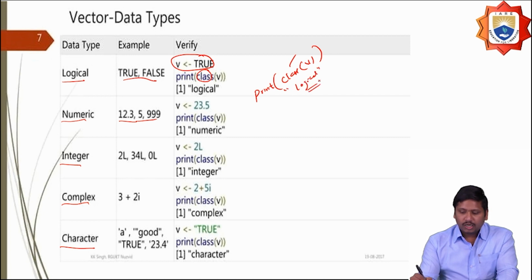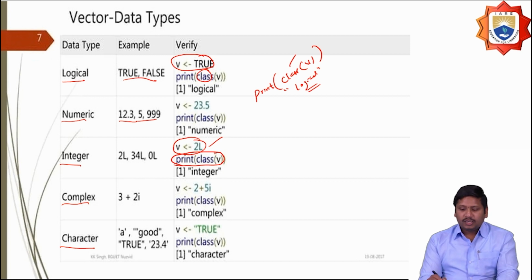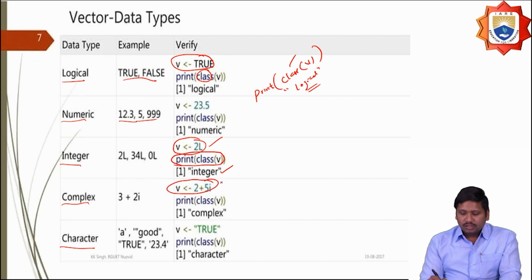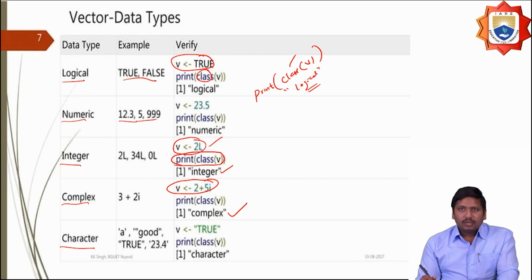Similarly, I initialize v is equal to 2L, and I want to know what data type it is, so print(class(v)) shows it as integer. Similarly, a complex value will be shown as complex, and complex data types can also be easily evaluated in R programming.